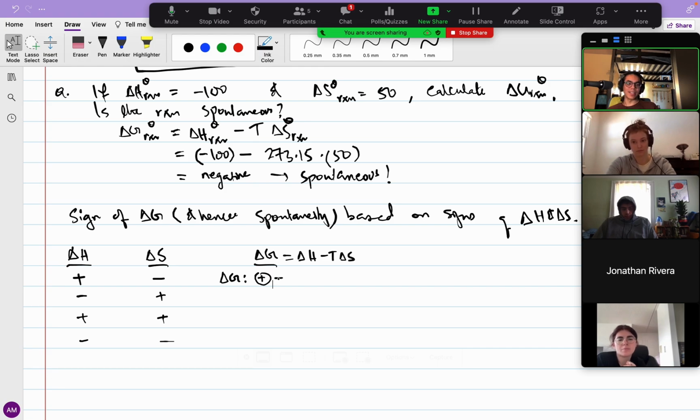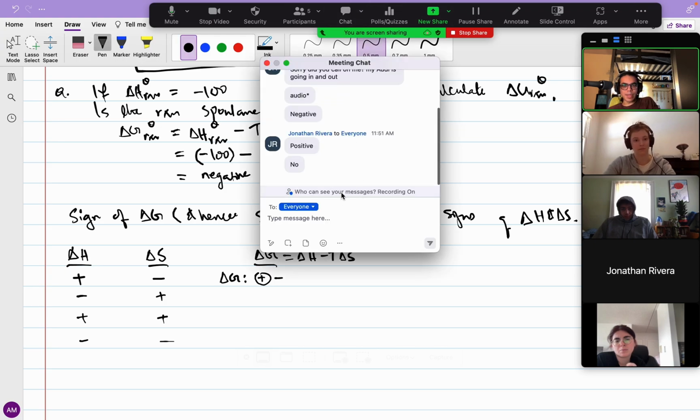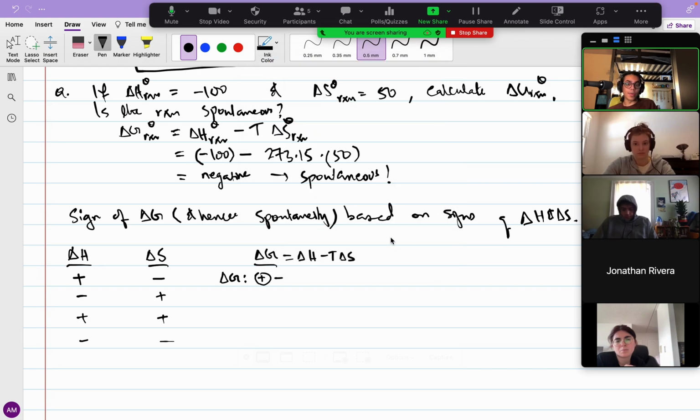A better question is, can Kelvin temperature be negative? Does anyone remember that? I think maybe we have an answer in the chat. Yes, very good. Kelvin temperature is always positive. So our T in the equation will always be a positive number, which is good. So we only have to worry about the signs of delta H and delta S now.